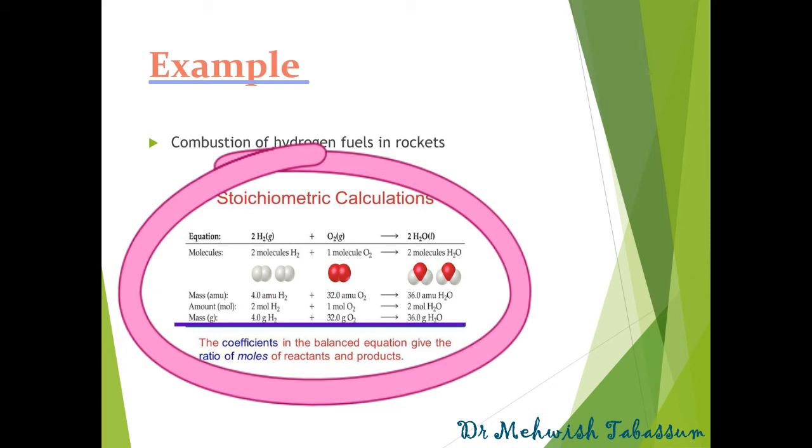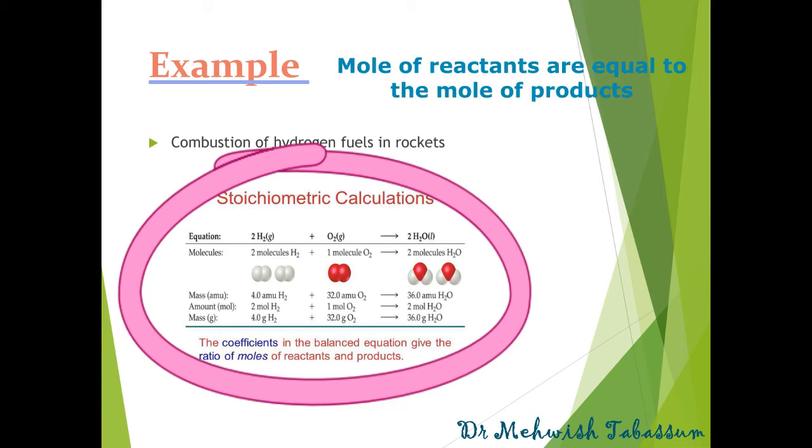While on the product side, we will get 36 grams of water. So all in all, we have equal moles of reactant and equal moles of product during the course of the reaction. We have 36 grams of reactant, while at the end of the reaction we have 36 grams of product.